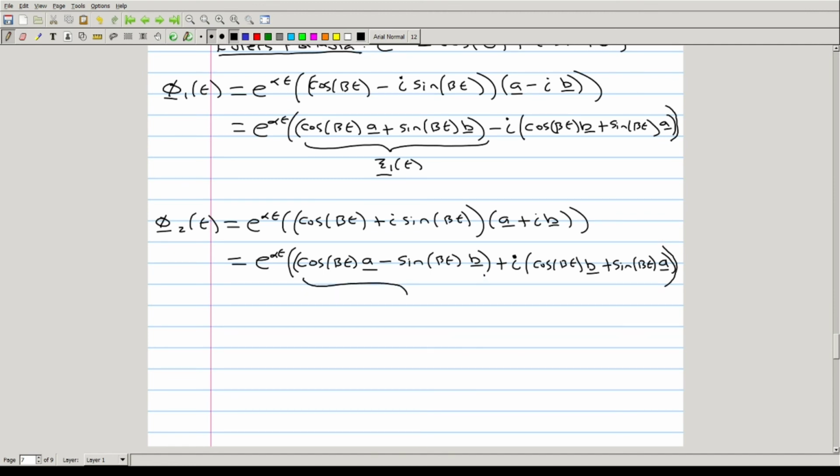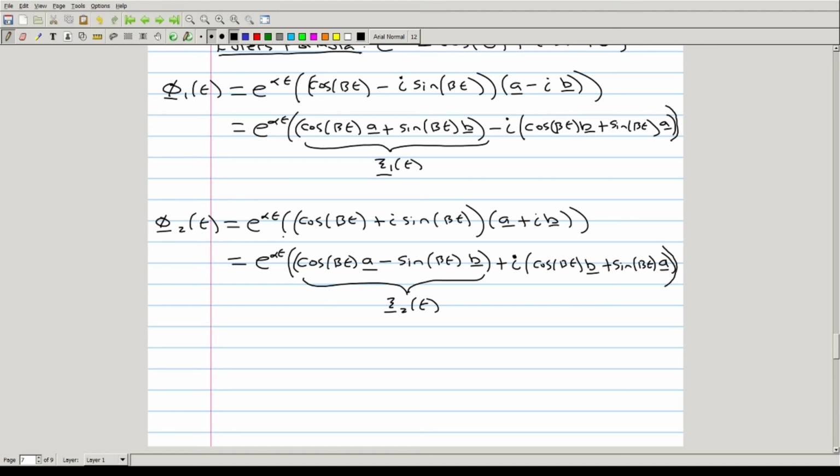This function right here, we'll call xi2 of t, is also a real valued function that solves the differential equation. This expression in both cases also solves the differential equation as well, the imaginary part from the theorem that we wrote down before.